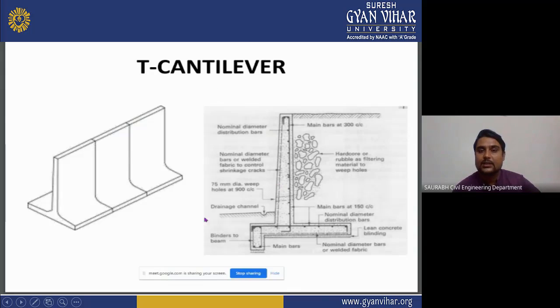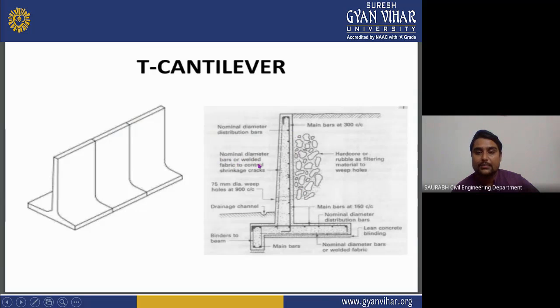Now we will see the T-type cantilever. As you can see here, the shape of this cantilever is T. If you see the cross section of this wall, it looks like a T. And here are also some design specifications of the T cantilever. As you can see, nominal diameter distributed bars are provided on the back side of the T cantilever retaining wall.